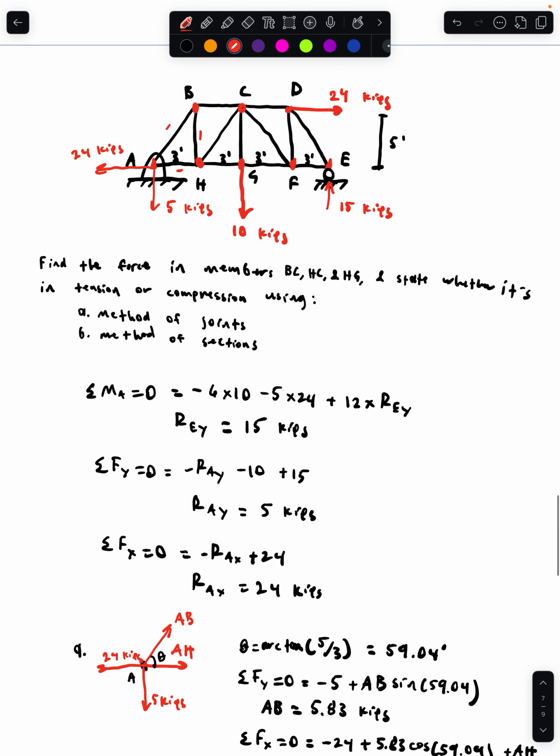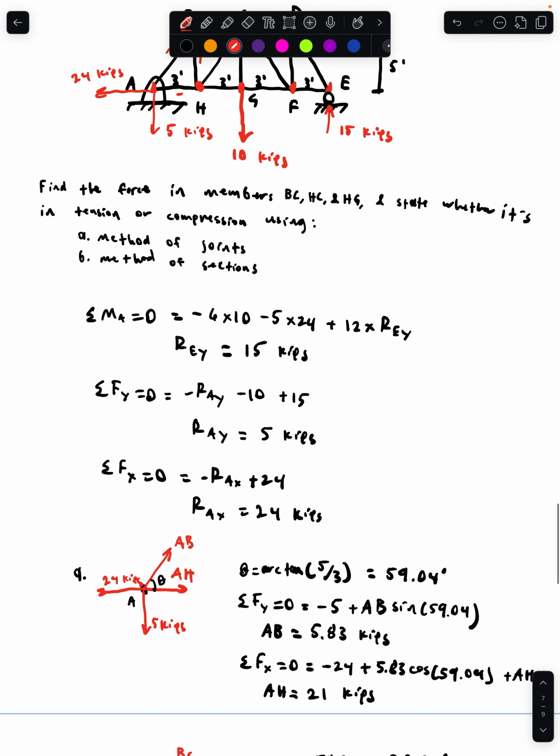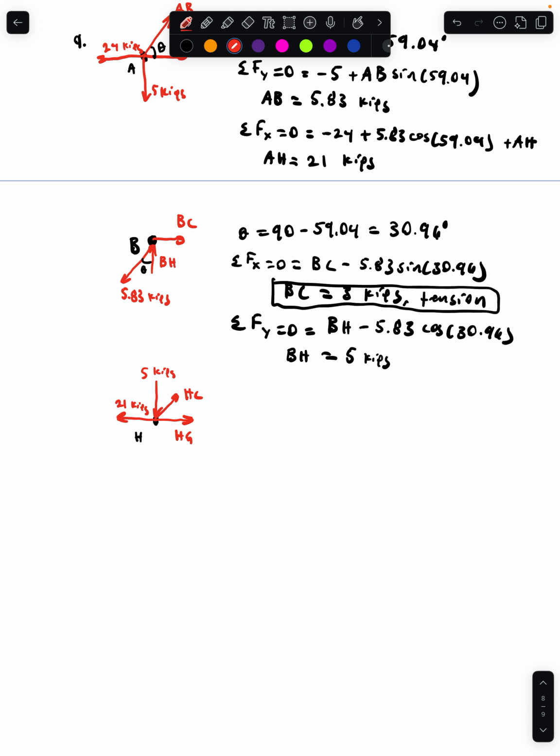And then our last one is HC. So HC and HG are the last 2 that we're looking for, so we should be able to get this question solved just from looking at these 3 joints here.